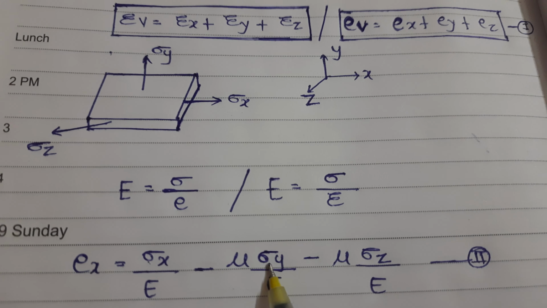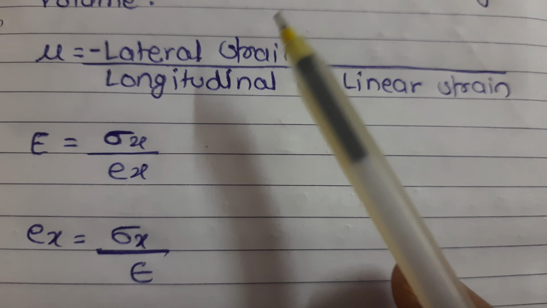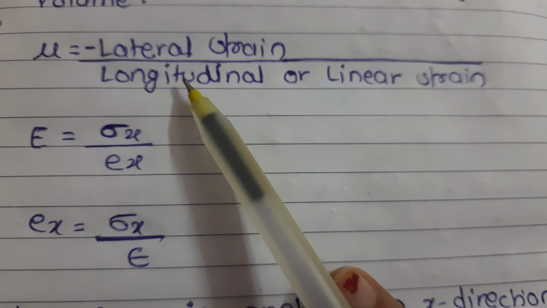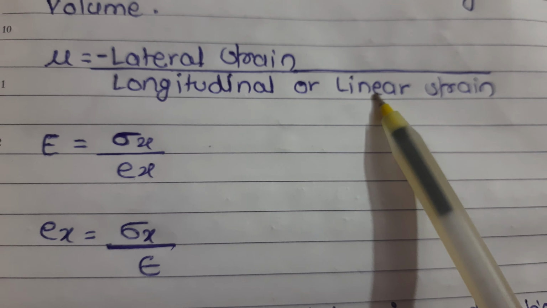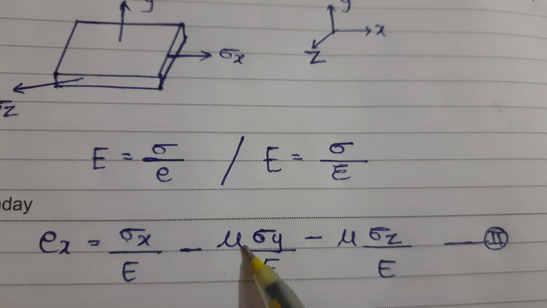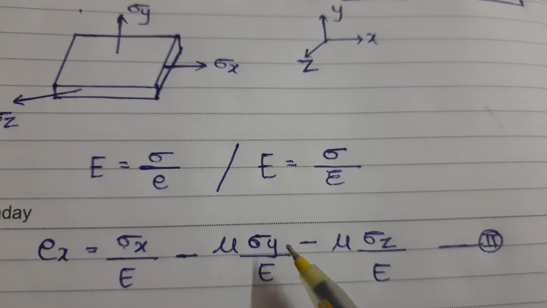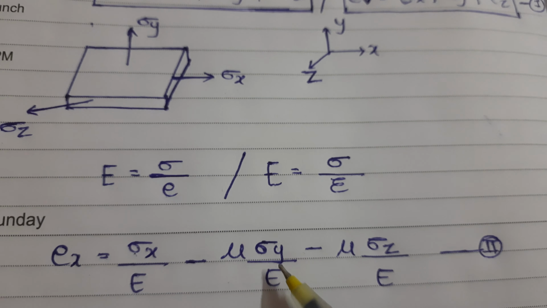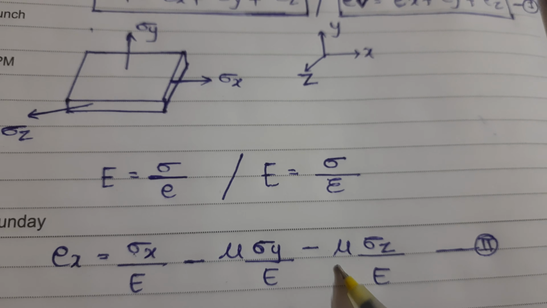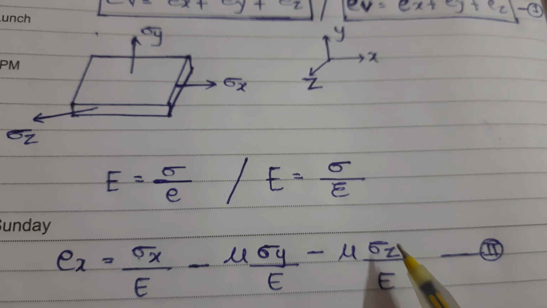Lateral strain due to sigma y, according to this formula, is equal to mu into linear strain due to sigma y, which is sigma y divided by E. Same, lateral strain due to sigma z is equal to mu into linear strain due to sigma z, which is sigma z by E.